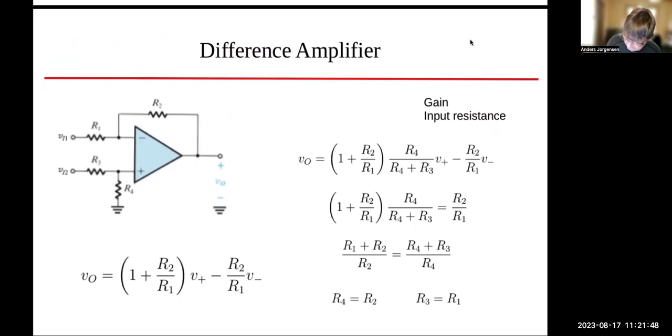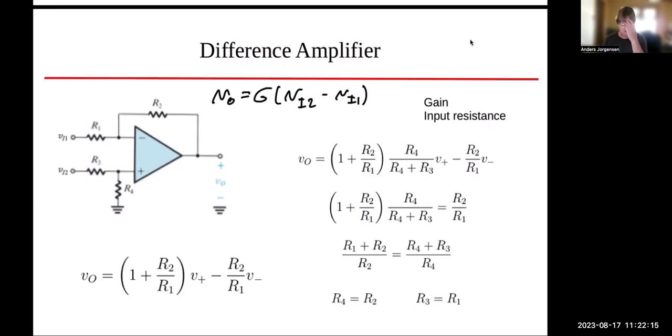I should break that down. VO is equal to some gain times VI1 minus VI2. Actually, I think in this case it might be VI2 minus VI1, if I want to make G, the gain, positive.